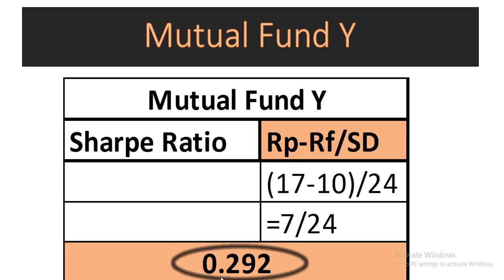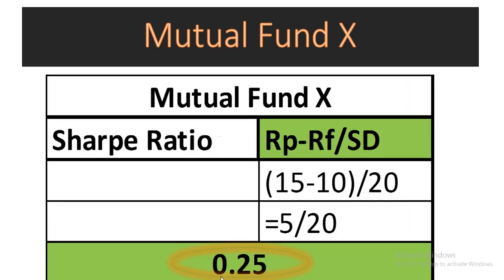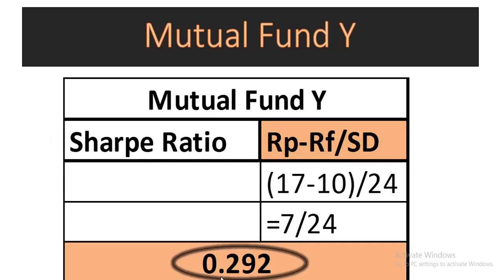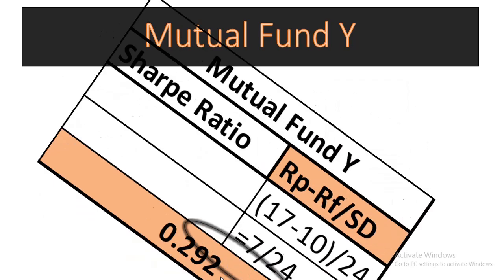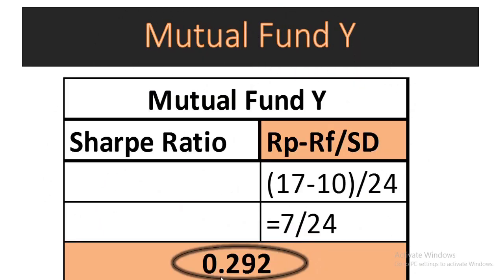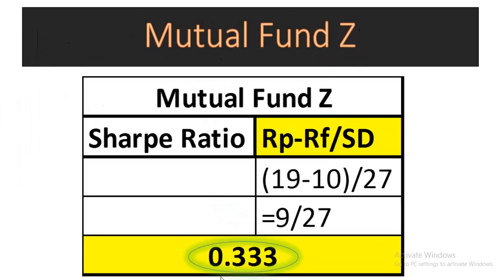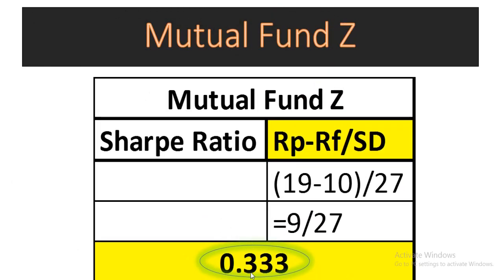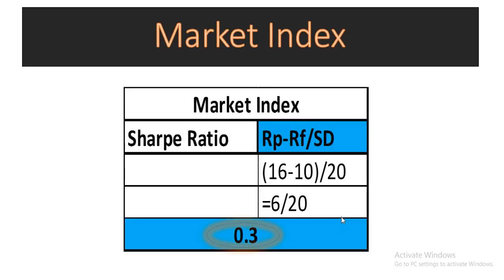So for X we had 0.25, for Y we have 0.292, and for Z we have 0.33, which is risk premium divided by standard deviation. For market it is 0.3, risk premium, market is giving 6% extra and market standard deviation was 20%.